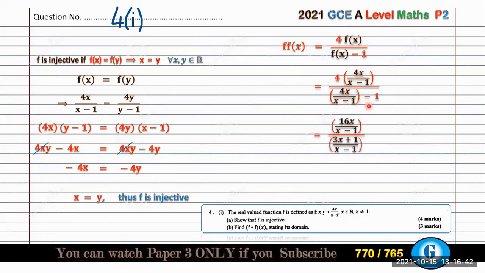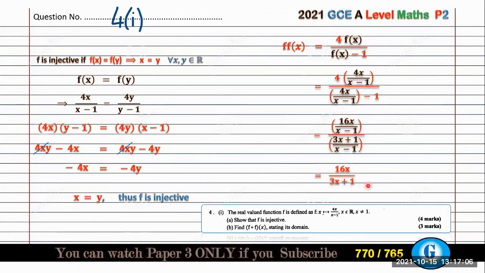We simplify that: the numerator is 16x over (x minus 1). The denominator is 4x over (x minus 1) minus (x minus 1) over (x minus 1). We bring those terms together, and the denominators are common, so we can just cancel out. We have 16x over (3x plus 1).